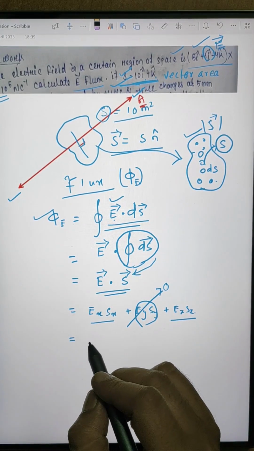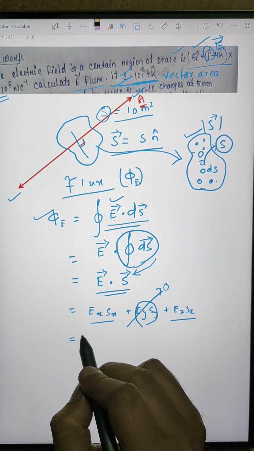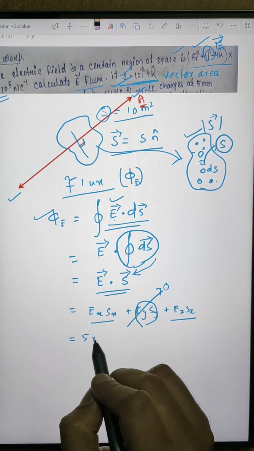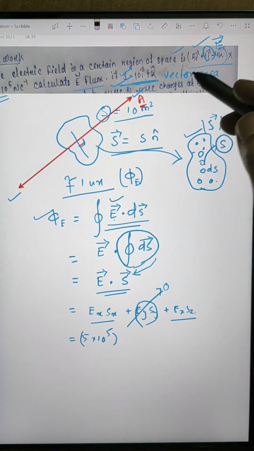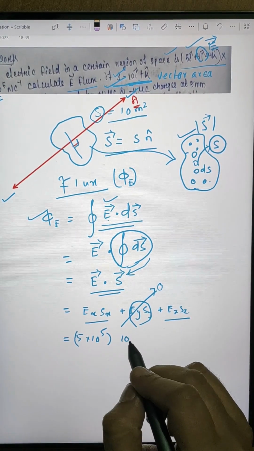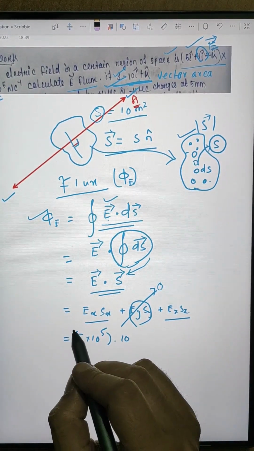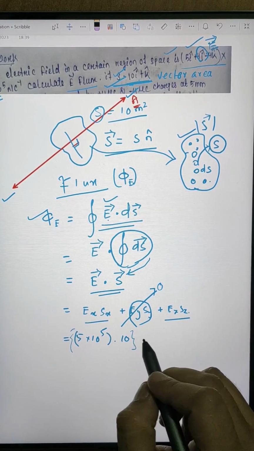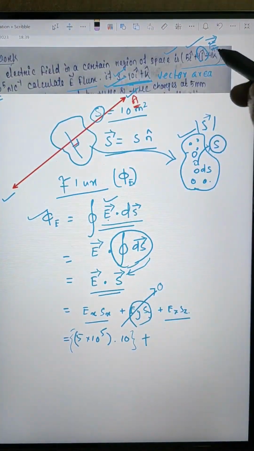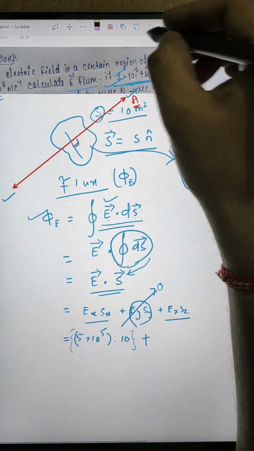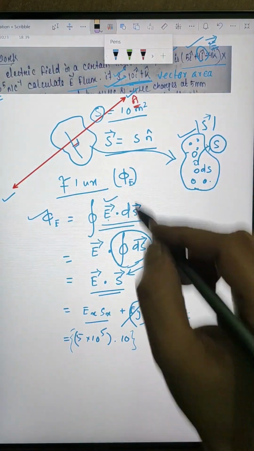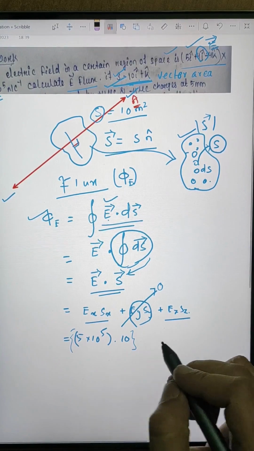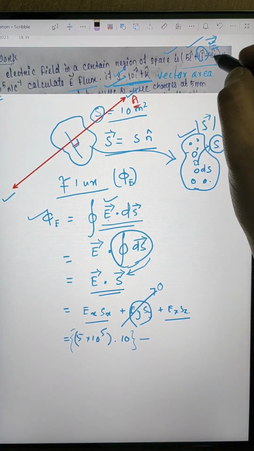So what is Ex? Ex is 5 times 10 to the power 5, multiplied by your 10, plus Ez. Ez is, okay, actually this is minus, this is not a plus sign, because this is minus 4 k cap.